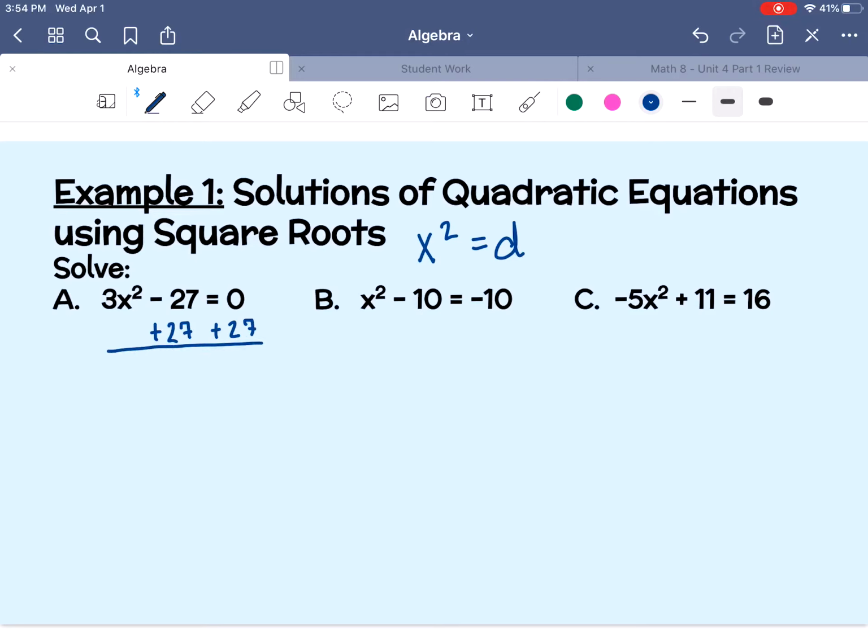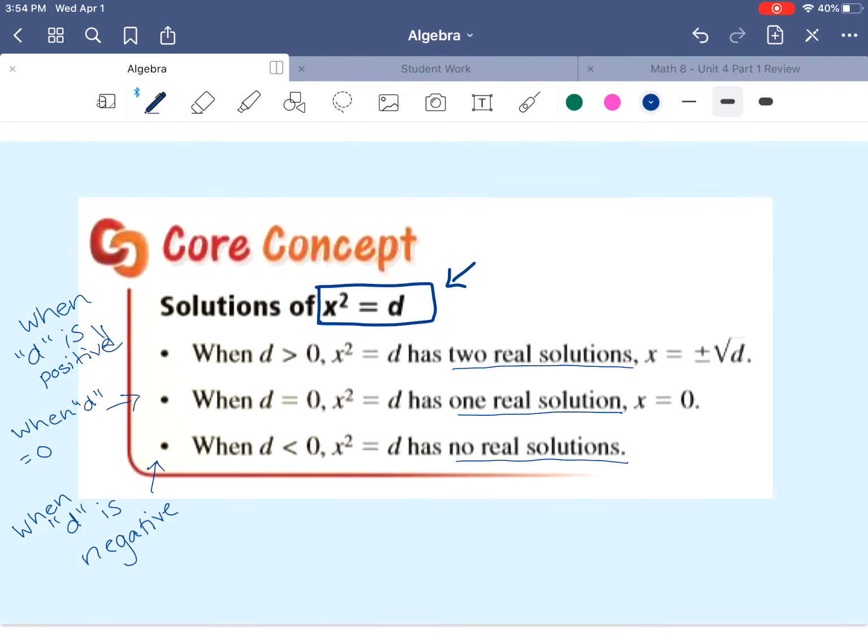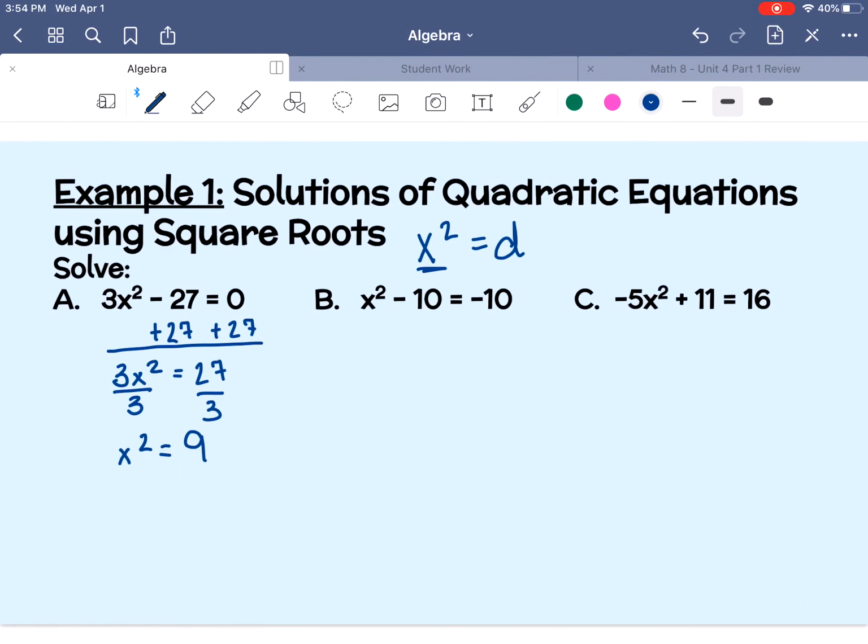So we do that by adding, and we've got 3x squared equals 27. Well, we need it to be just that x squared, so we're going to divide both sides by 3 and we've got x squared equals 9. So remember, when our d value is positive, then we have two real solutions. Our d value is positive, so there are two solutions.